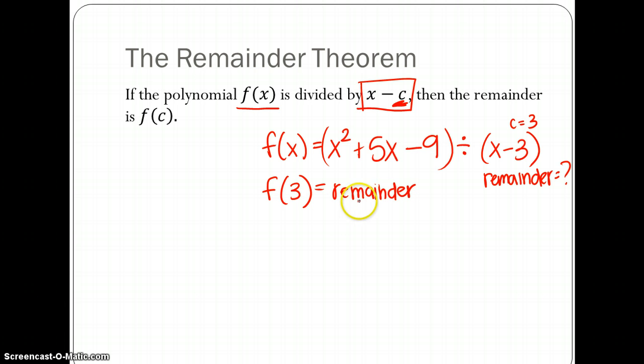So whether it's the remainder from the division, or plugging 3 into the equation in the beginning, we'd end up with the exact same number. That's what the remainder theorem tells me.